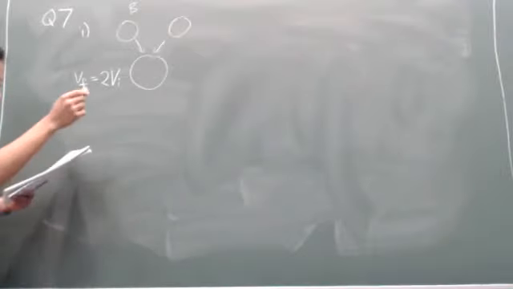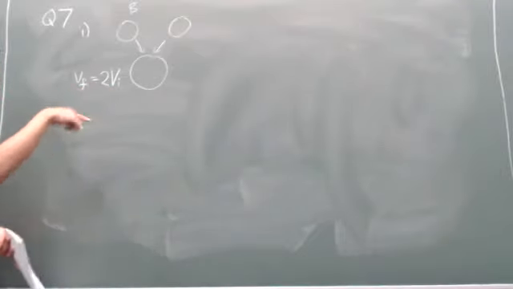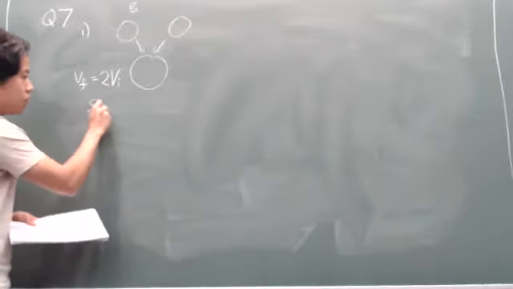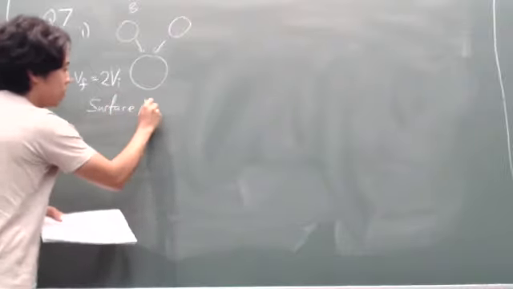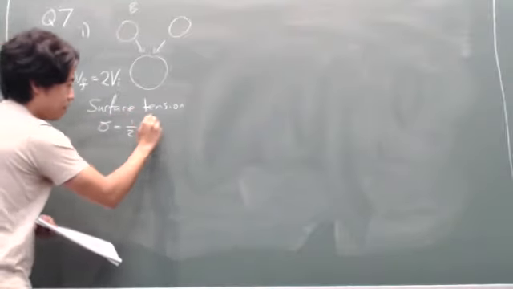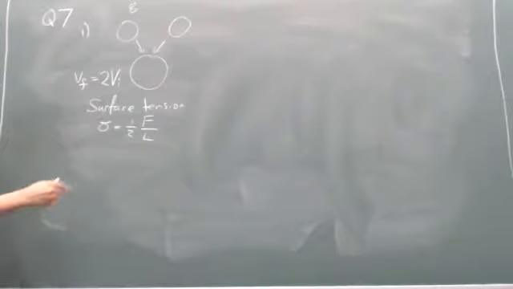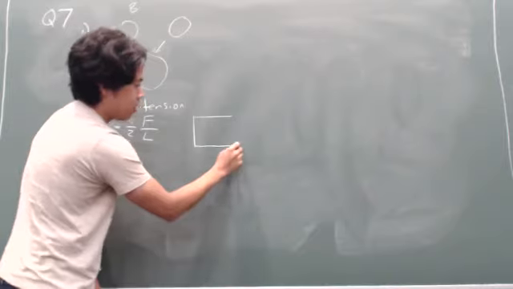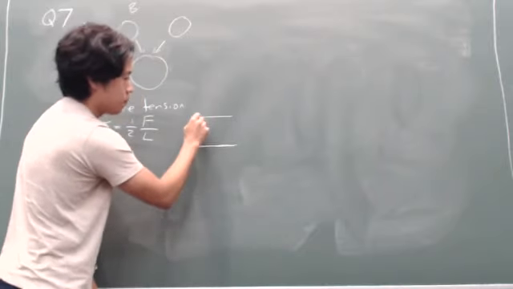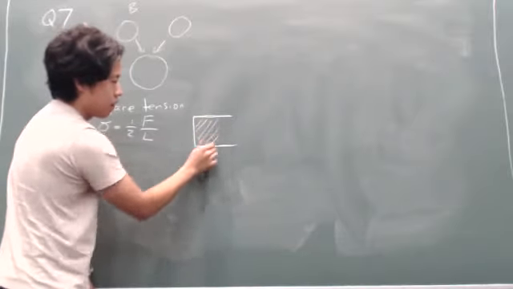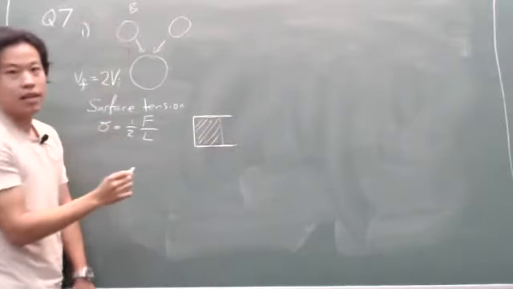So to think about this, you have to go slightly back and think about the work done. So you think about the surface tension. The surface tension of a liquid is given by sigma equals half F divided by L. What this essentially means is that if you imagine having 3 immovable walls, like barriers, and then you put a liquid in here, and this liquid forms like one edge layer here.